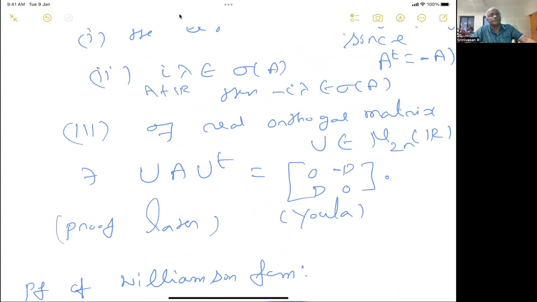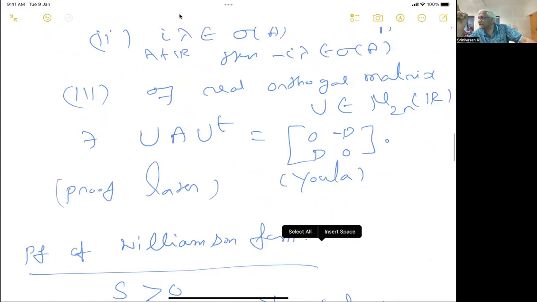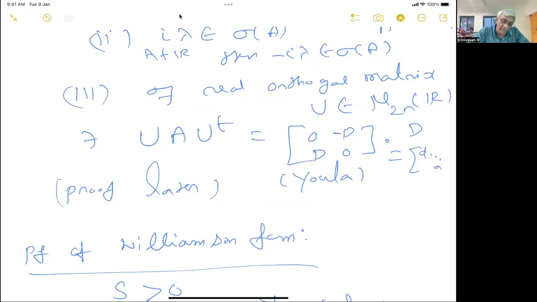What is D? The D is the diagonal, D1 up to Dn. Oh, I didn't write it. Sorry. D is diagonal, D1 up to Dn, where iDj and minus iDj are precisely the eigenvalues of that.